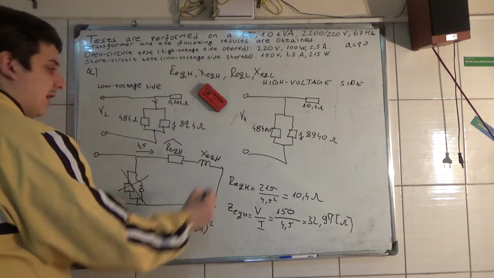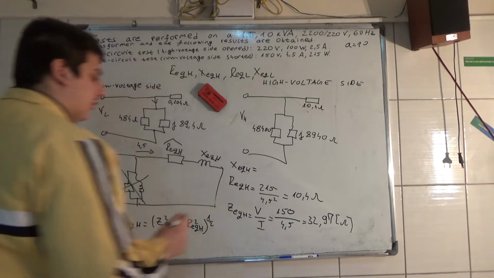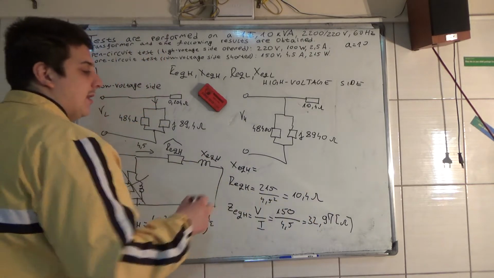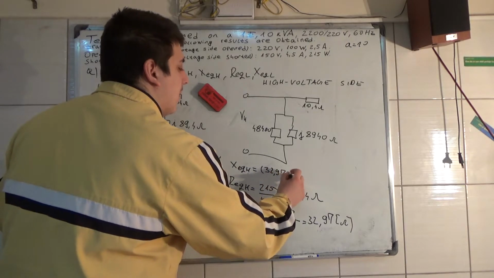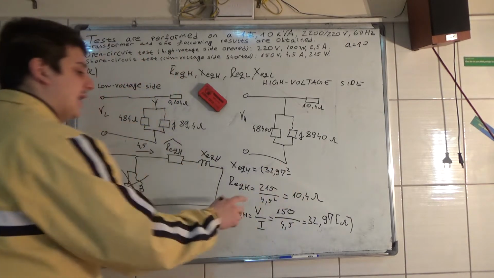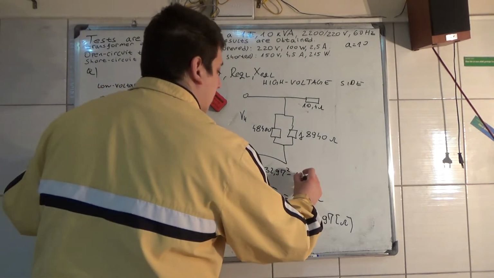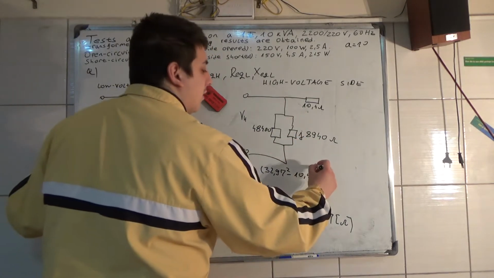Now, X equivalent H is equal to Z equivalent H squared, that is 32.97 squared, minus 10.4 ohms squared, and all that to the 1/2.